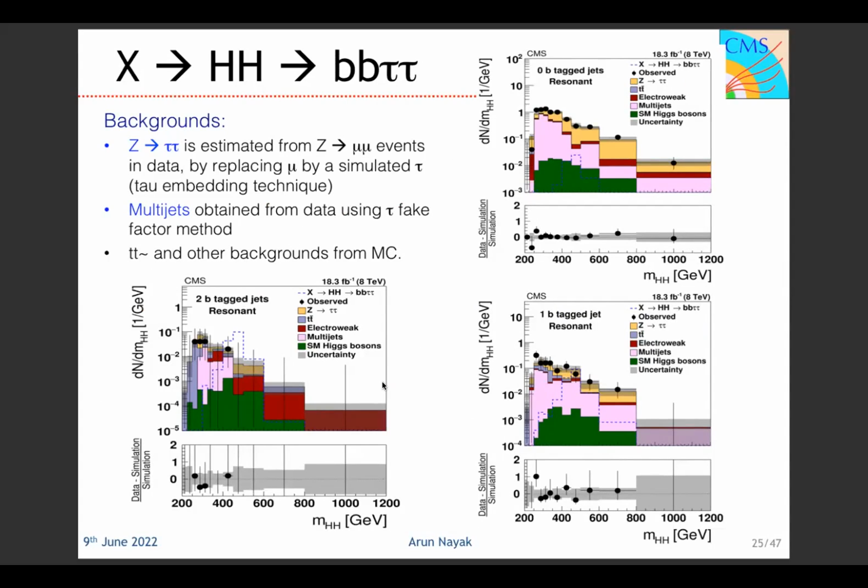Here you see some of the di-Higgs mass distributions in different categories: 2 b-tag, 0 b-tag, and 1 b-tag categories. And you see the possible enhancement of the signal in different categories.